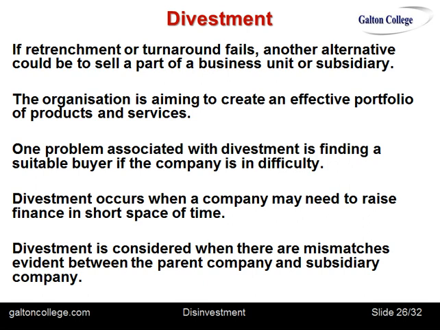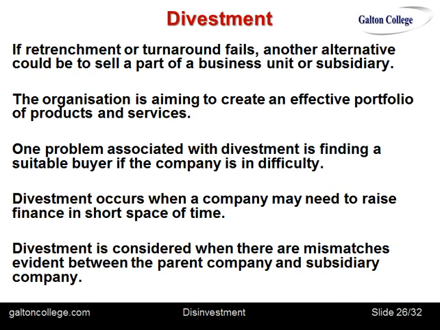It's considered when there are mismatches evident between the parent company and a subsidiary company. That's when divestment normally takes place. If there's a company that has a subsidiary, but they're not fitted, they don't really go together, there's not room for much synergy between them, then there may be divestment.